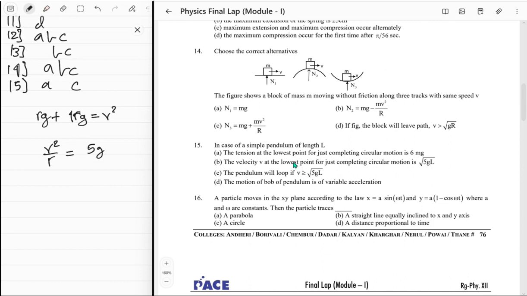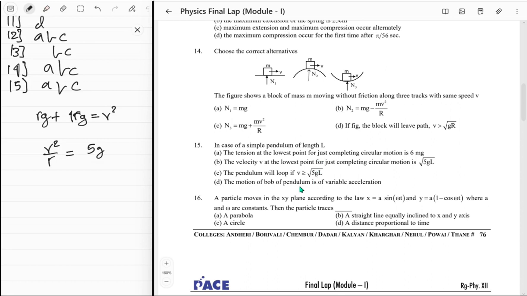The velocity v at the lowest point for just completing circular motion is, what is the difference between this and C exactly? I don't get it, is there a difference exactly? It's saying the same thing, pendulum loop. Well whatever, B is also correct. The motion of bob of pendulum is of variable acceleration. What? Yeah, I mean, of course, the vector changes, velocity and acceleration.